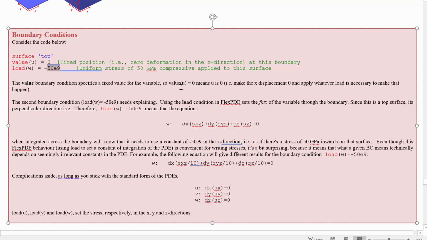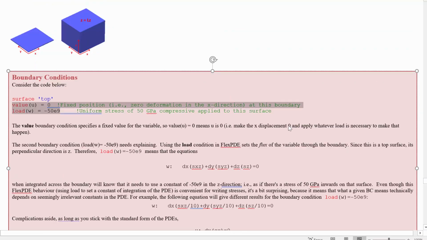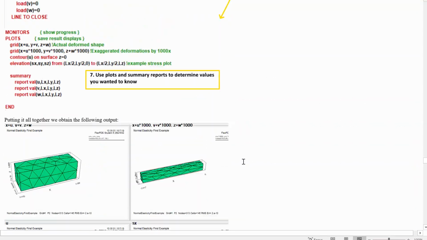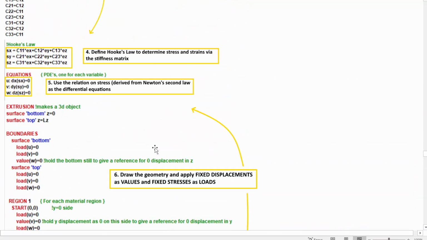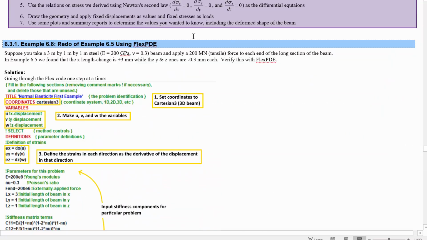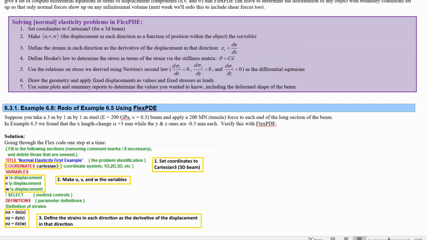So that is what a load boundary condition will do rather than a value boundary condition. So that's where we're going. Let's come back to that in a moment and try to build it up piece by piece to solve this particular problem using this stuff that we just developed.